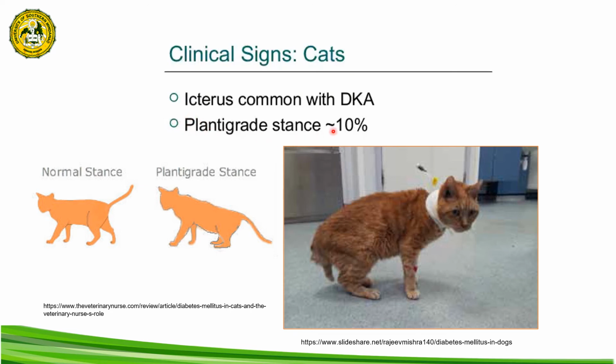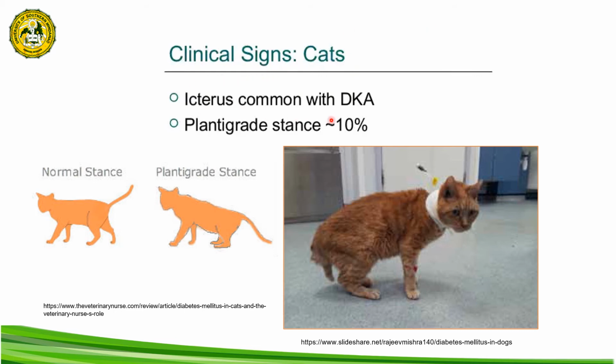When we say plantigrade stance, that is a condition wherein the cat stands on its hocks. This is caused by a combination of different factors, including weakness, hypokalemia, or decrease in the concentration of potassium in the blood, and concurrent nerve degeneration caused by diabetic neuropathy.